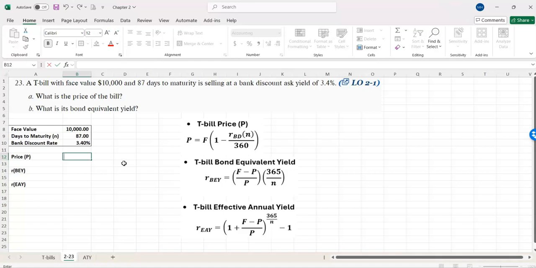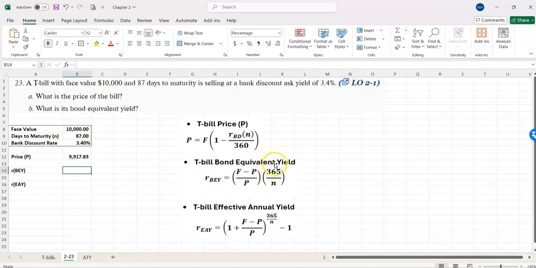So take our equals $10,000 times, need parentheses, 1 minus our bank discount rate times our days to maturity divided by 360 and get $9,973.83.